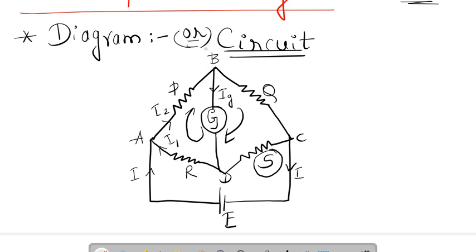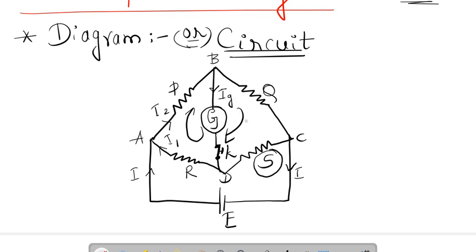Okay. See, this is the key here, K. So when this key K is closed, the galvanometer shows the presence of current, that is Ig, mentioned here through it.